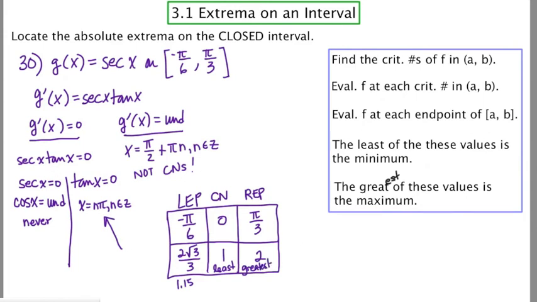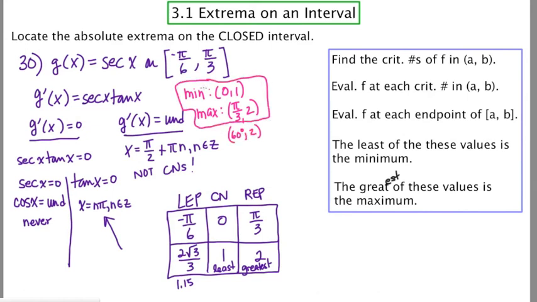I have to figure out where we're going to write this, because we're going to check it on the calculator in a second. We have a minimum at (0, 1), and we have a maximum at (pi over 3, 2), which is the same as (60 degrees, 2). So let's take that calculator out and see if that's the case.